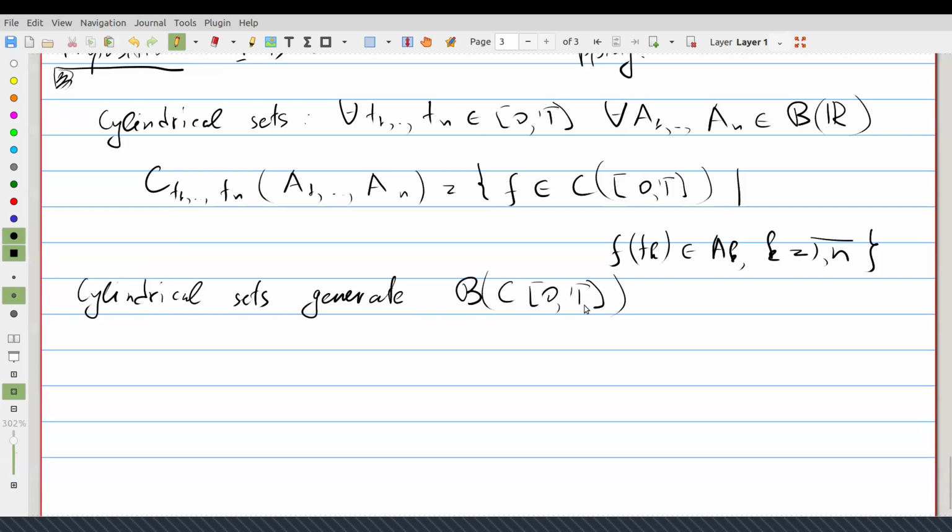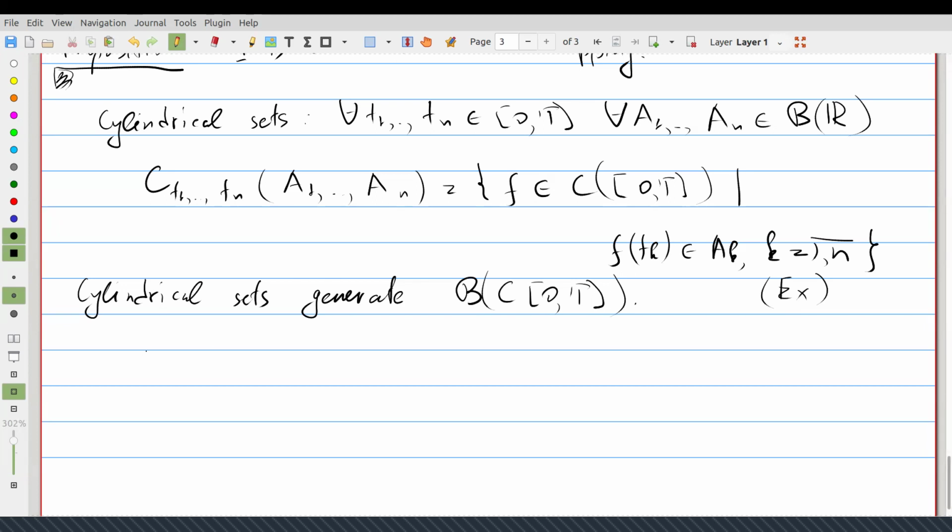This is a fact from standard courses of probability of random processes. If you know that, you are good; if not, check a textbook or just prove it. It's not hard to prove. You need just to show that an open set can be approximated by these, or use some other technique. It doesn't matter. I will use this as a fact.